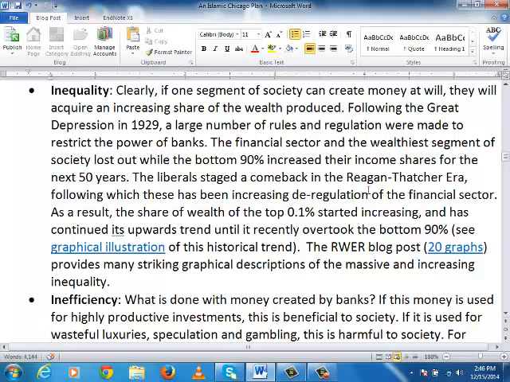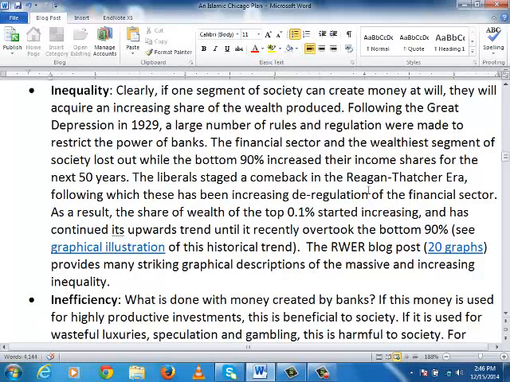Then slowly the free market ideas started becoming more and more popular. Actually, they didn't just become popular. There was a very clear-cut campaign to make these ideas popular. Milton Friedman was an important part of this campaign. So deregulation started, liberalization of the financial sector, getting rid of all the rules.